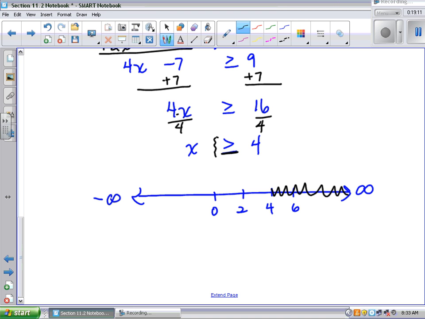Again, I have the equal to in my inequality, so I'm going to use that square bracket for equal to. And when I write my interval, I have a square bracket at 4. I go to infinity, and at infinity, I always use a parenthesis. So there's my interval answer.